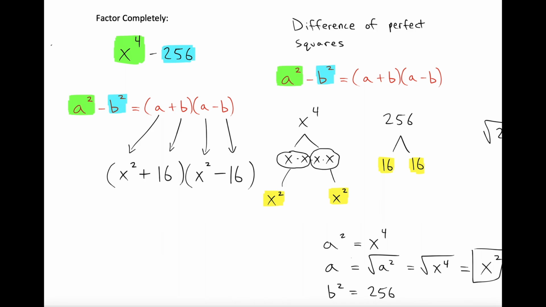However, we have to look to see if we've truly factored the thing completely yet. And a sum of perfect squares cannot be factored further. Even though x squared and 16 are both perfect squares, this part of it is not further factorable. But this part is further factorable because it is another difference of perfect squares, I notice.